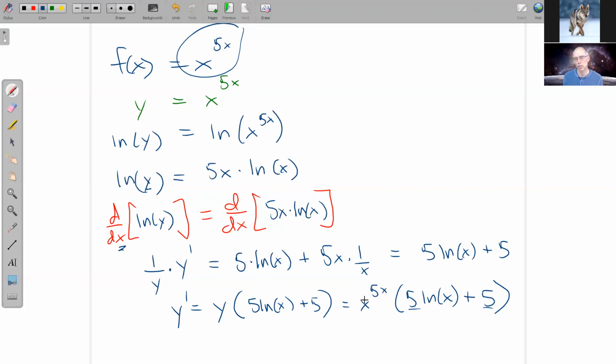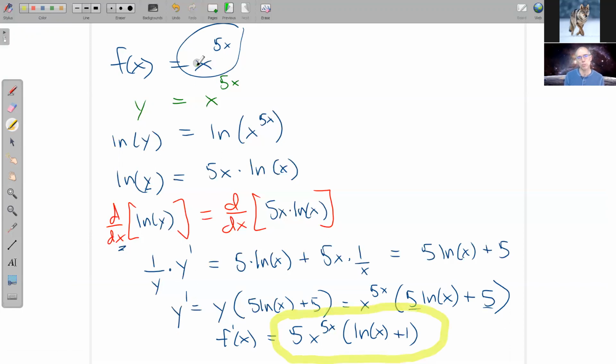You could distribute, I'm going to distribute the x through just to kind of show an interesting fact about this, but I think the simplest answer is f prime of x is 5 times x to the 5x times the natural log of x plus 1. And I factored that 5 out. So I would say this is probably the best reduced answer. And the only way you can check this is to graph this thing right here, pick a nice x value like 1 maybe, or 2, and see if this gives you the right slope at that point.